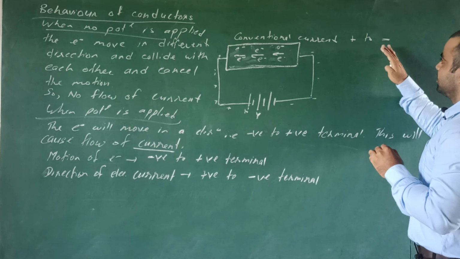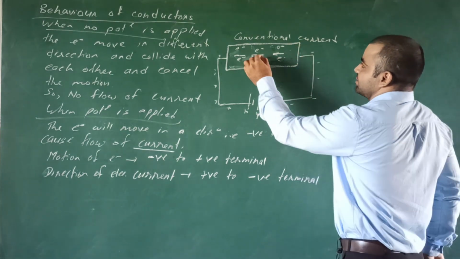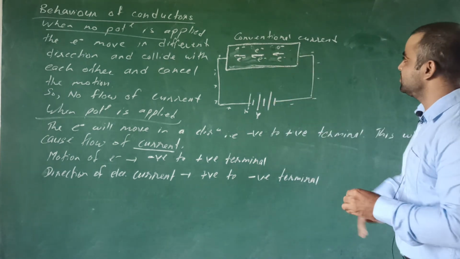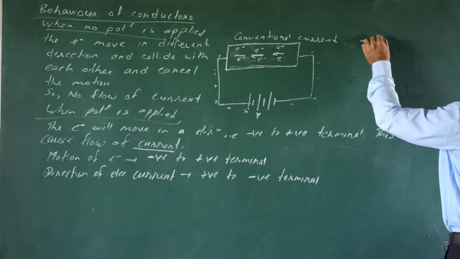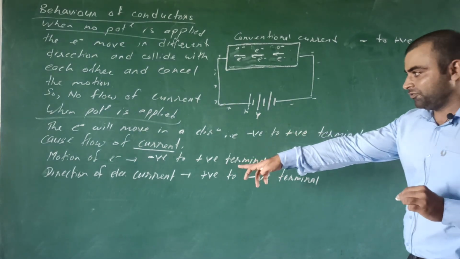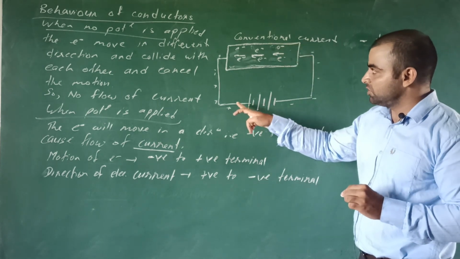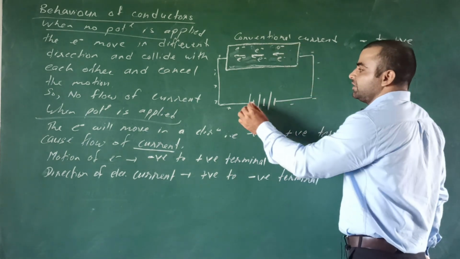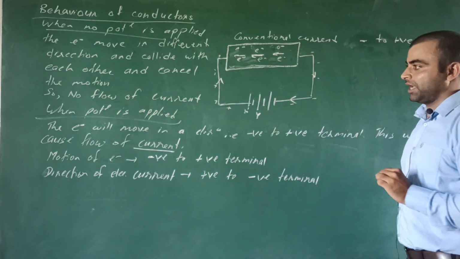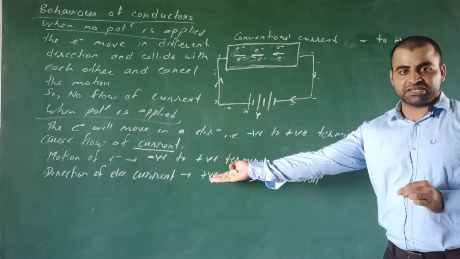Or say, the direction of electrons is negative to positive terminal, and the direction of electric current is opposite, from positive to negative terminal. Is it clear? The current will flow from positive to negative, and the direction of electrons will be opposite to the direction of electric current. Is it clear?